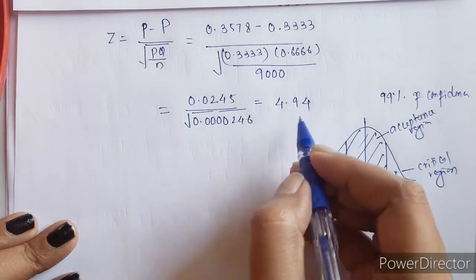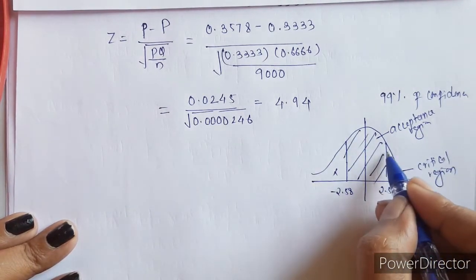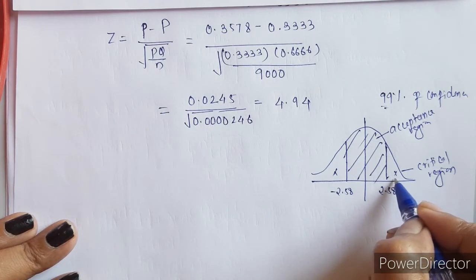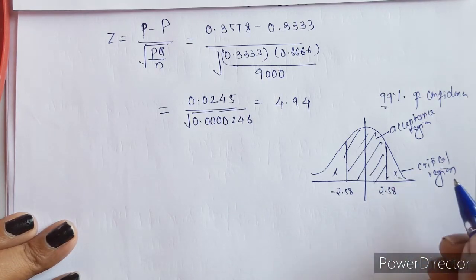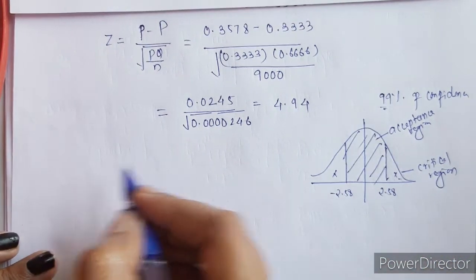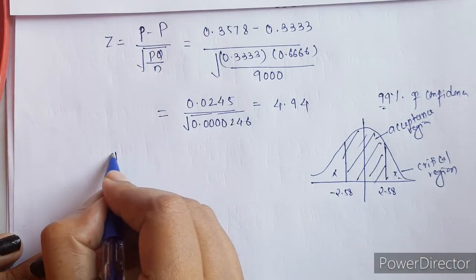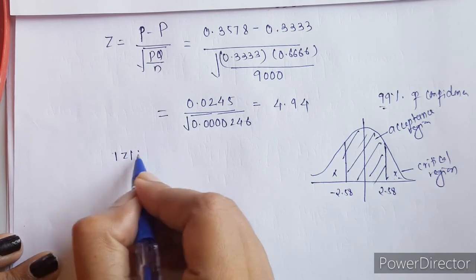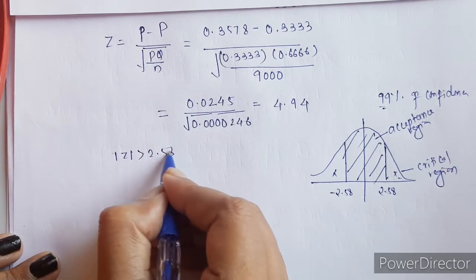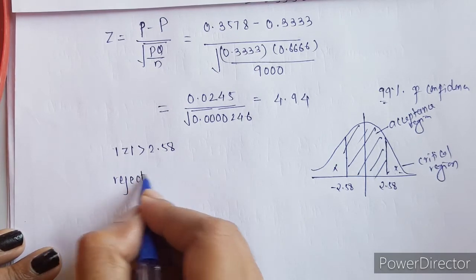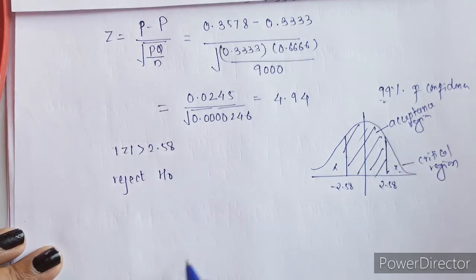Now since we are getting 4.94, obviously even for the highest value, that is 99%, it is still falling in critical region. Since it is falling in critical region, our Z is greater than 2.58, we have to reject null hypothesis.